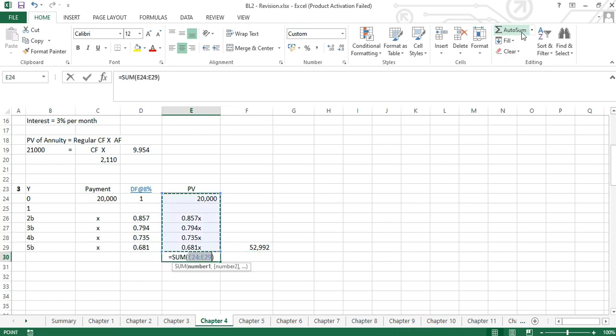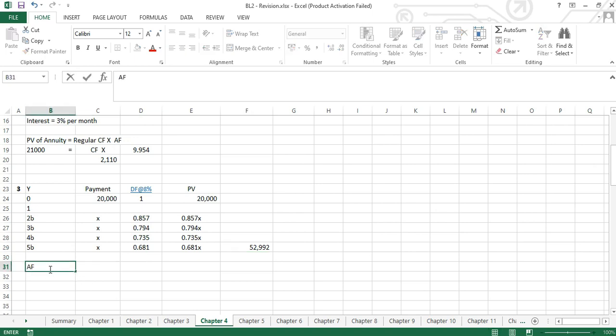So what I'll tell you is, if the total of these is equal to 52,992, basically it means the annuity factor at year 5 for 8% multiplied by the annual cash flow X is equal to 52,992. Actually, it is for year 4 because the beginning of year 2 is the end of year 1.